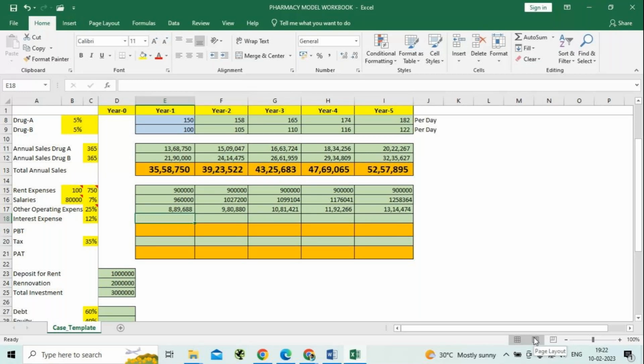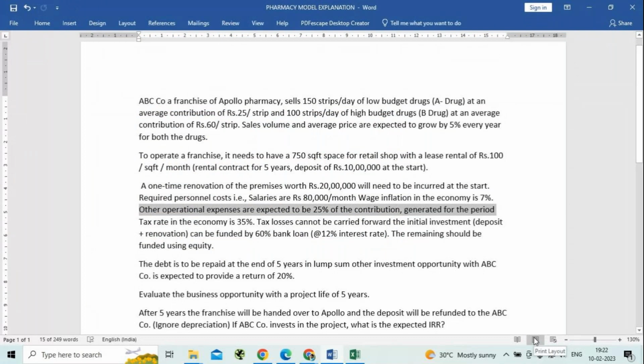The next thing is interest expense. Here it says the tax rate is 35%, that we will see later. Tax losses cannot be carried forward.